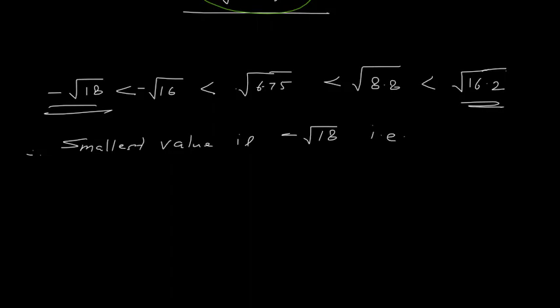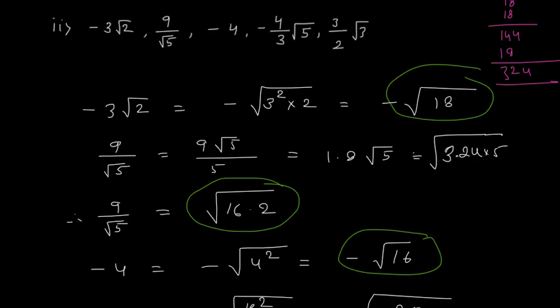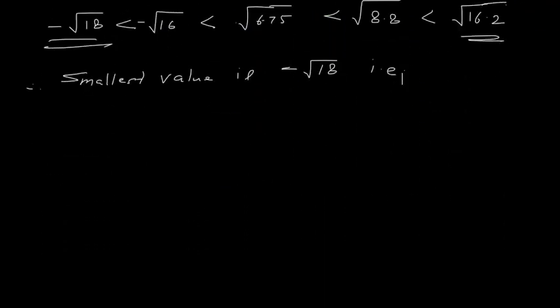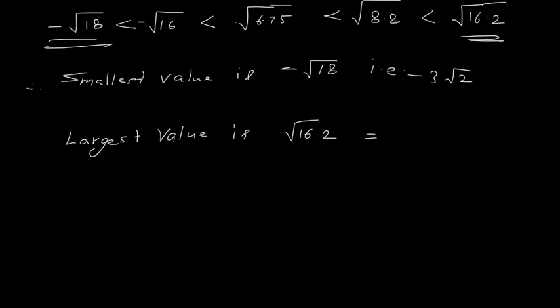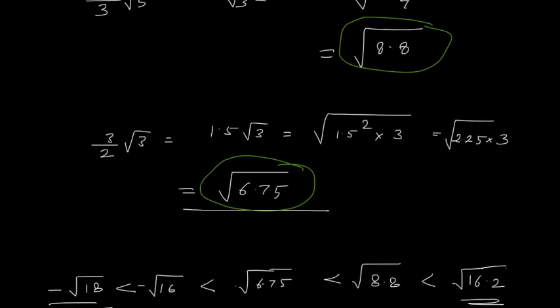That is, minus root 18 is minus 3 root 2, and the largest value is root of 16.2, that is root of 16.2 is 9 upon root 5.